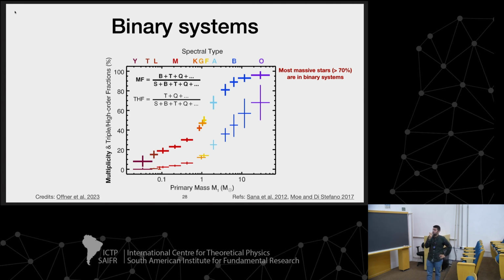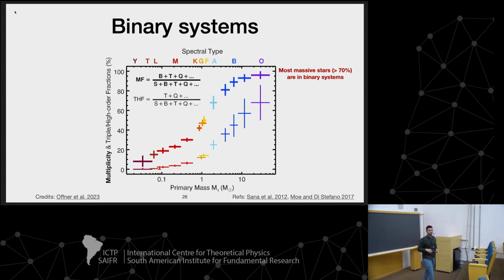But they exist. What is the ratio of triples compared to doubles? I really don't know. This is the integrated fraction, at least two stars in a system. Yes, 70% of massive stars tend to be in binary systems.